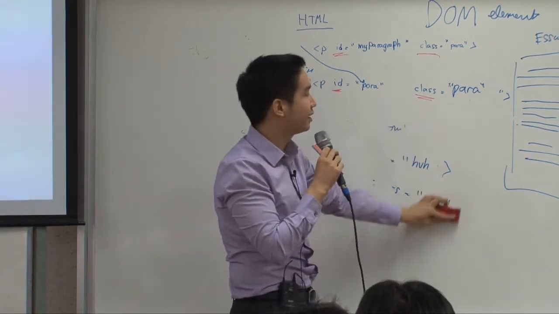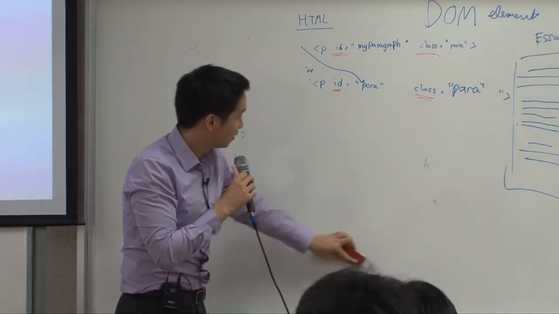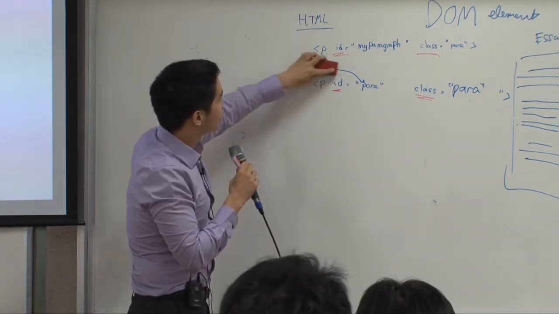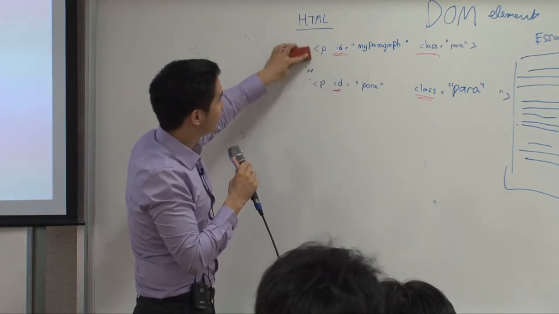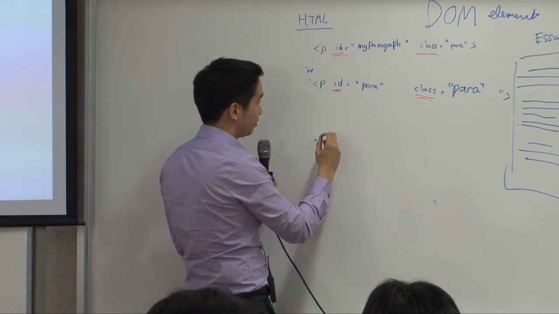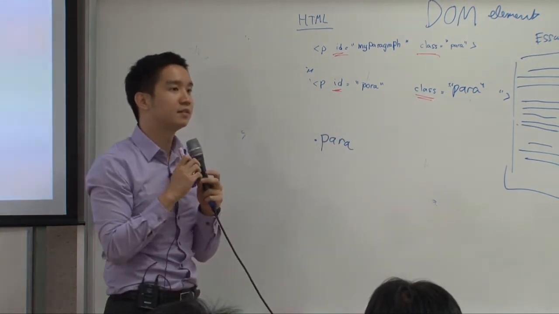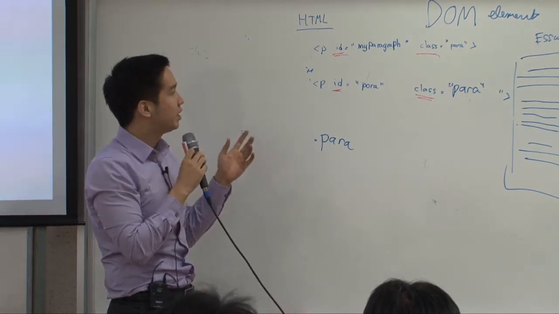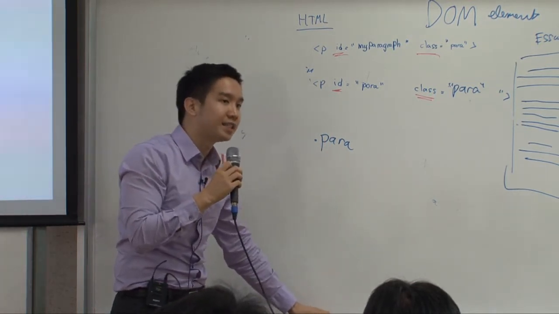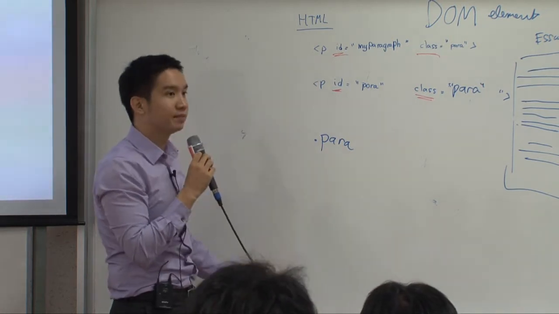Because there's a gazillion tutorials on CSS selectors on the internet. So we have two DOM elements, okay? And if I were to ask you, dot para, the question is which DOM element would be matched with this CSS selector syntax?